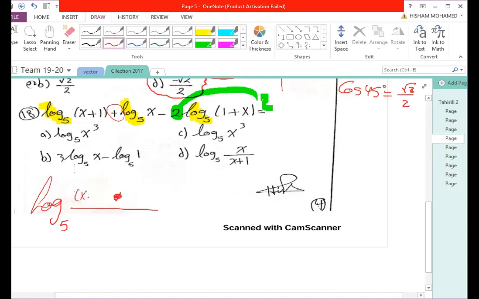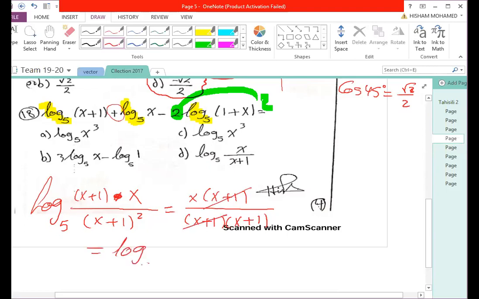So it's x plus 1 multiplied by x over (x plus 1) squared, which is equal to x multiplied by (x plus 1) over (x plus 1) times (x plus 1), by cancelling. So it's only 1 log of x over x plus 1.